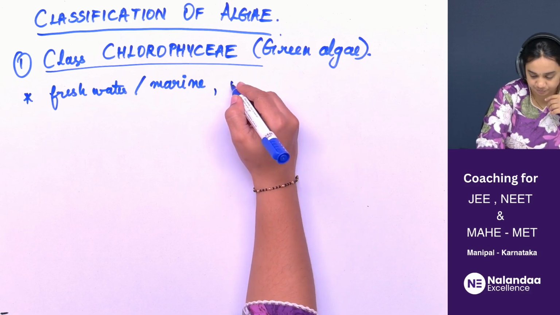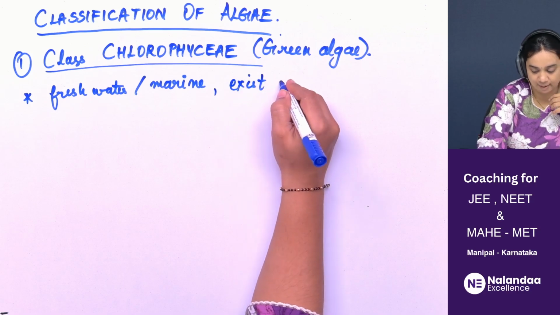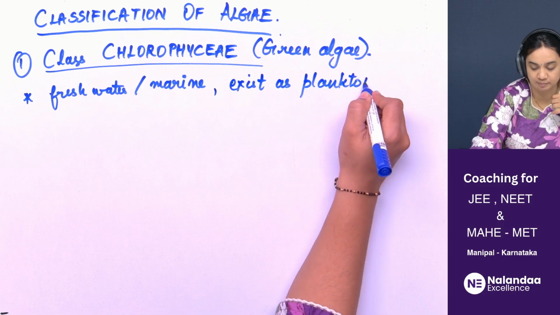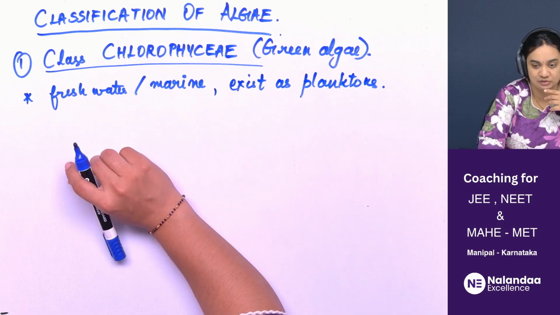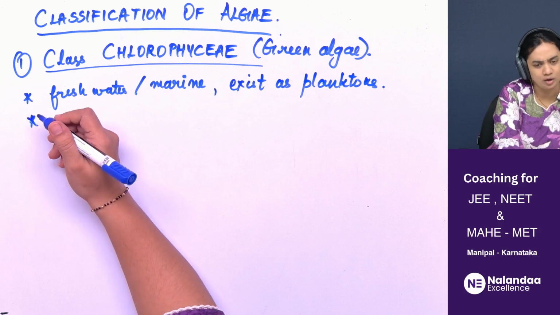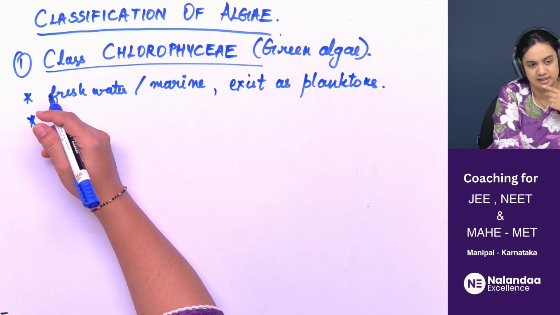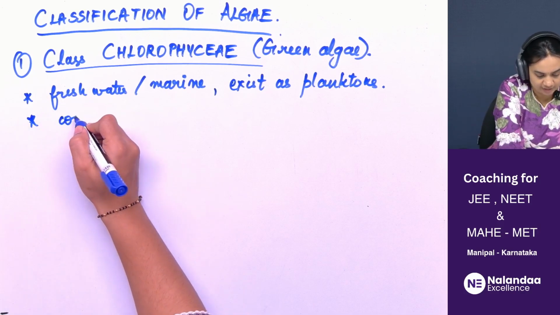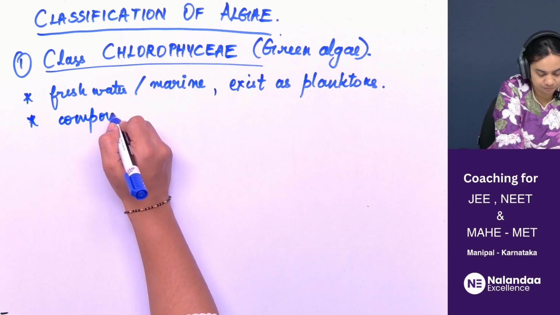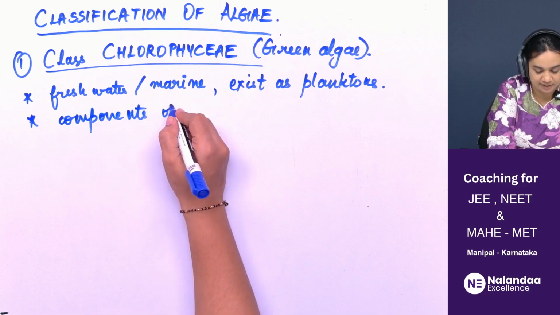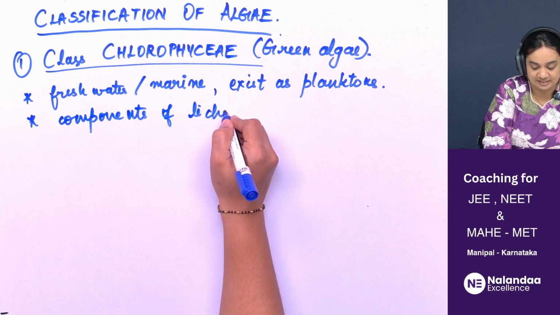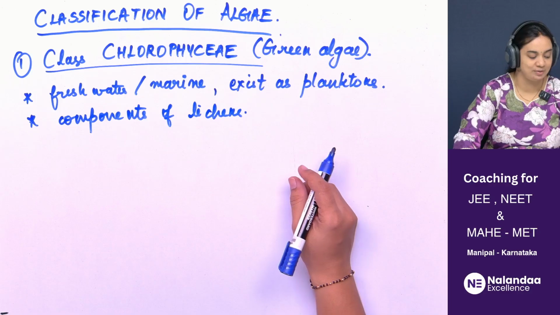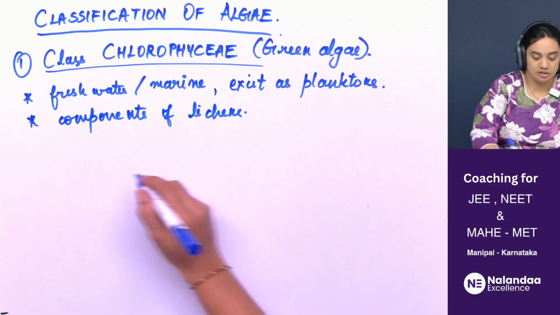Then they exist as planktons. What is planktons? Freely floating. They can exist as planktons, freely floating forms, or they can be attached to a particular substratum as well. Or they can occur as components of lichens, which means they can be found in association with fungi and they will occur as lichens.